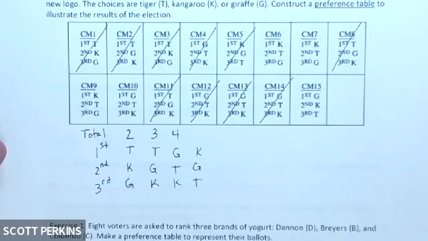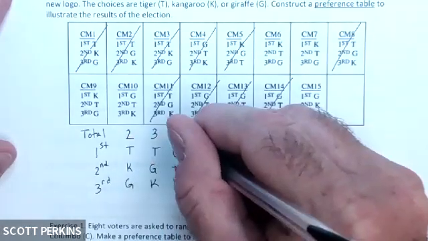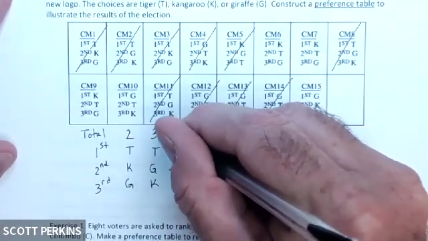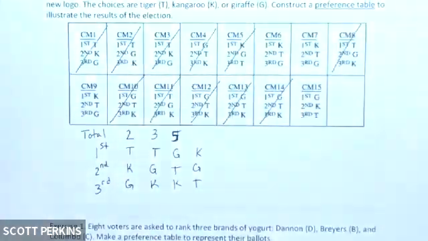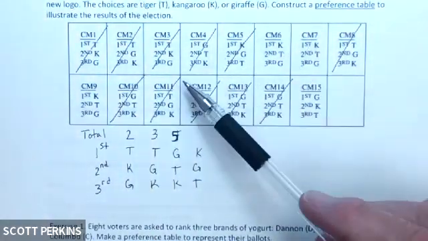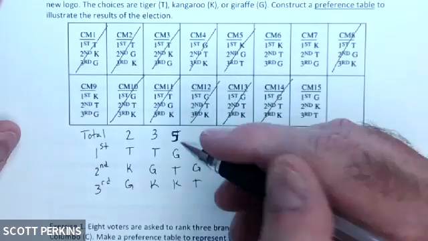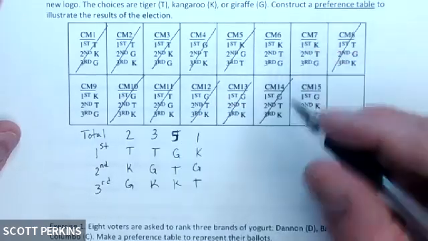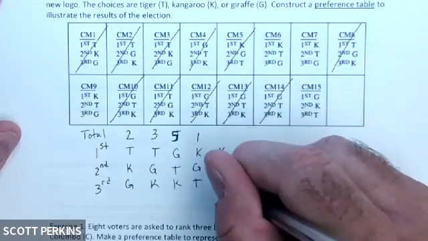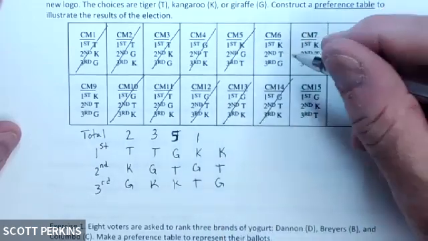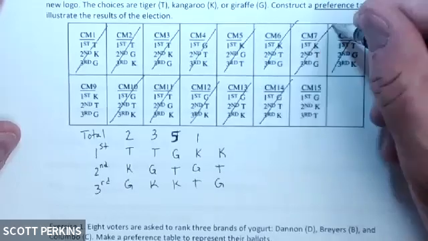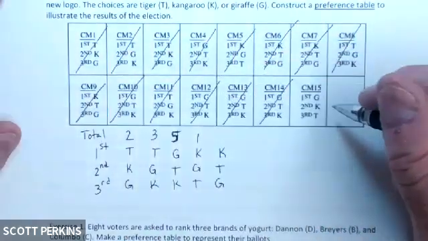Did I miss it? There's 5. Thank you. See, that's why you guys are paying attention, and I appreciate you. Then I think I just have one of the next KGT. Yes. The next one's KTG. So KTG, I've got 1 here, 2, 3, and that's it.